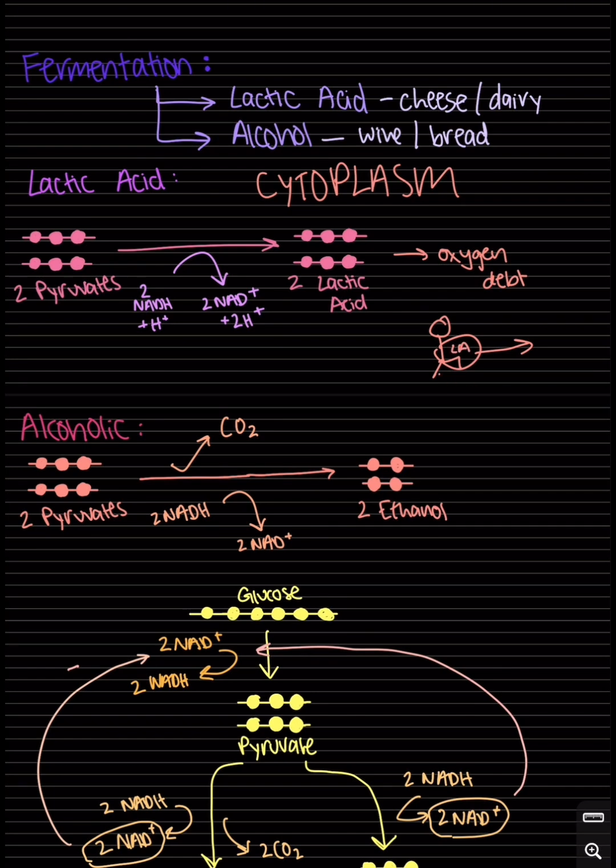And the only way to get rid of this lactic acid is through breaking down the lactic acid using oxygen and breaking it into materials for the body to use. So the only way that you can get rid of all this buildup of lactic acid is with more oxygen. And if he already doesn't have enough oxygen, that's why he was doing lactic acid fermentation in the first place. So that's why it's called an oxygen debt.